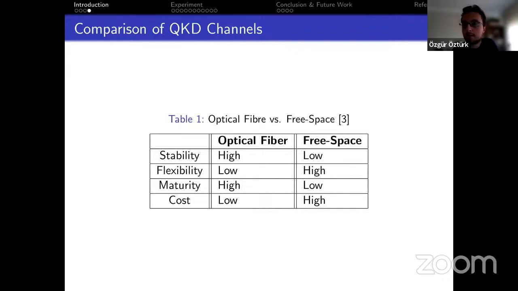On the other hand, the free space channel is still in development. Contrary to optical fibers, free space has low stability and high flexibility, and it reaches up to the kilometer range.